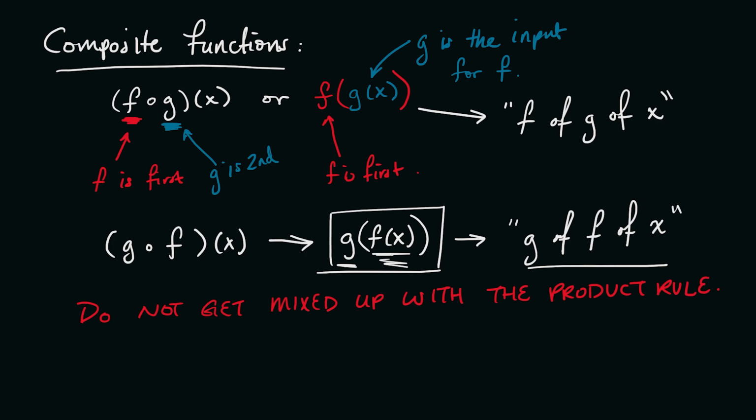The main difference that we have here is that in between the f and the g, we see an open circle, right? But for the product rule, remember how it was f closed circle g of x, right? In this case, we have an open circle. This is why I emphasized the closed circle and the open circle. In composite functions, there will always be an open circle.